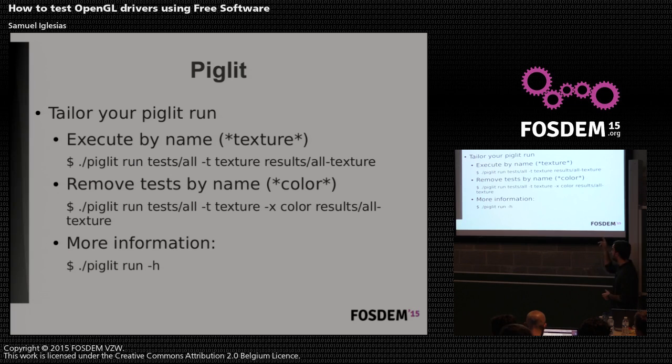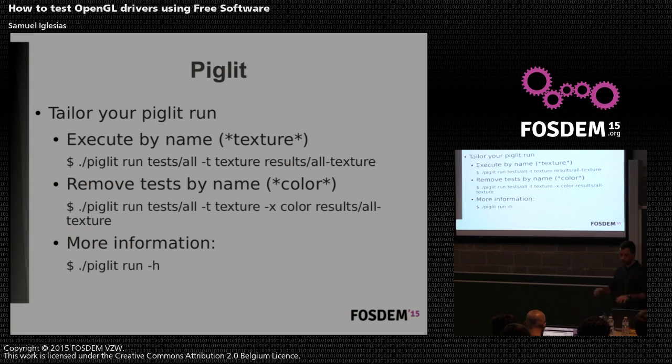For example, in the second example we execute all of them that have texture in their name, except the ones that also have a color word in their name. The problem with this is that it's prone to errors. You can be mistaken very easily.